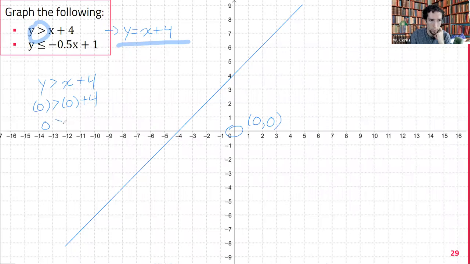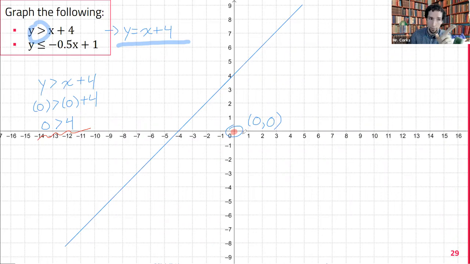So 0 is greater than 4. Is this a true statement or a false statement? False. So what does that tell us about this point and our inequality? Yeah, the numbers in the right part are lower, and they're false for the statement.